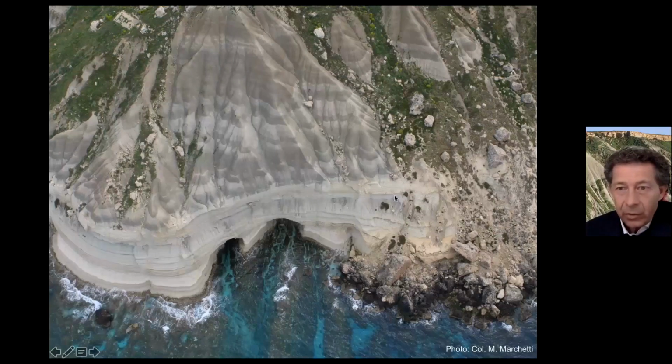Sometimes, due to tectonic displacements, you can have other types of rocks touching the sea, reaching the coastline. So every stretch of coast has to be studied in detail to understand this relationship between sea action in terms of coastal erosion, and the possible response in terms of landslides.